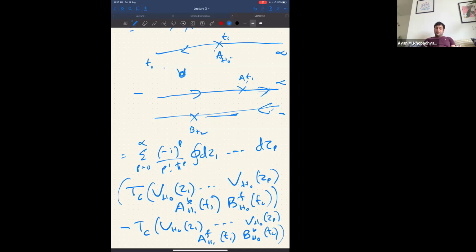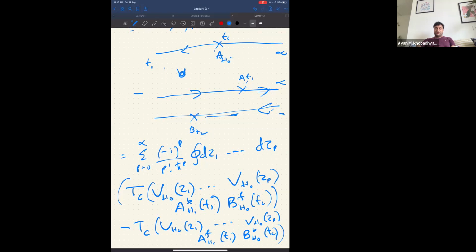All of these objects have physical interpretations. If I take A and B in a specific order, it has some physical interpretation, but there's not much time for me to uncover the physical interpretation of each and every ordering.